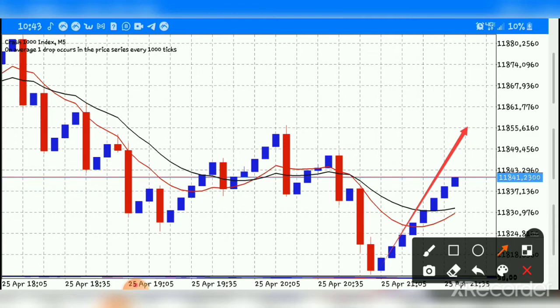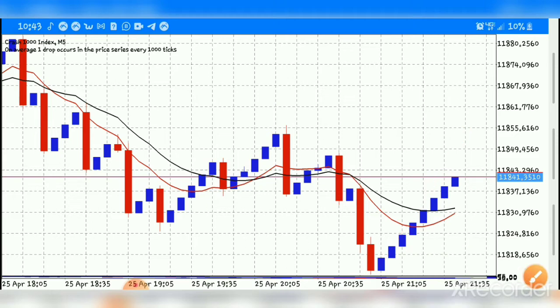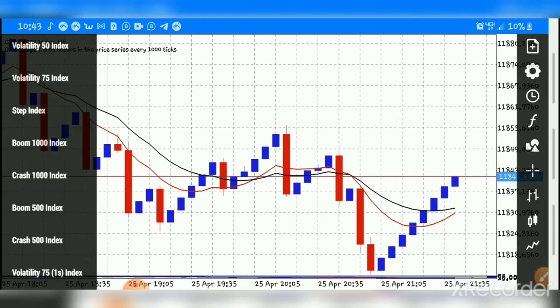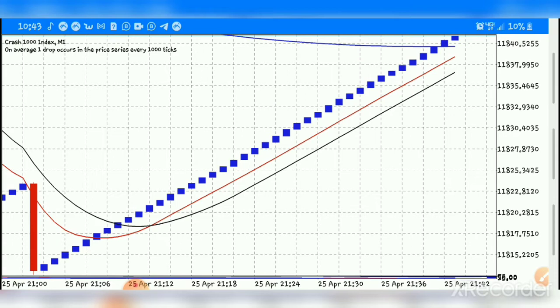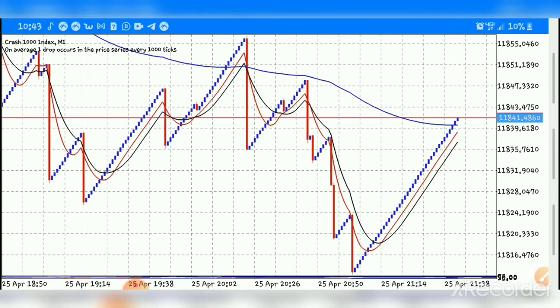Do you get it now? It usually moves from down to up, but in between we have what we call spikes. You can see all the spikes, they happen within seconds. Normally the market is supposed to be moving candle by candle. This is 5 minutes time frame. Let me go to 1 minute so you understand what I'm saying. You can see the trend.